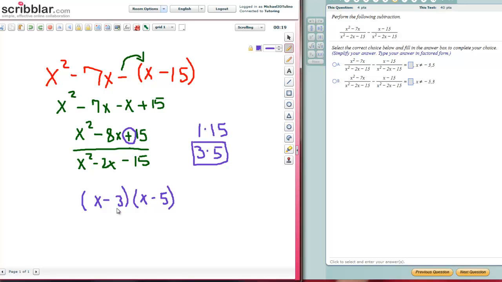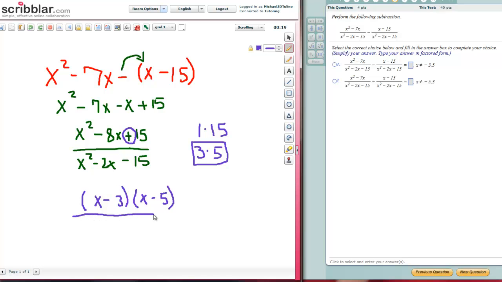Also, a positive 3 times a positive 5 is a positive 15. Now, the reason why I know it's negative is because this middle sign is negative. So, think about it. We have negative 3 minus 5 gives you negative 8, and then negative 3 times negative 5 does give you the positive 15.